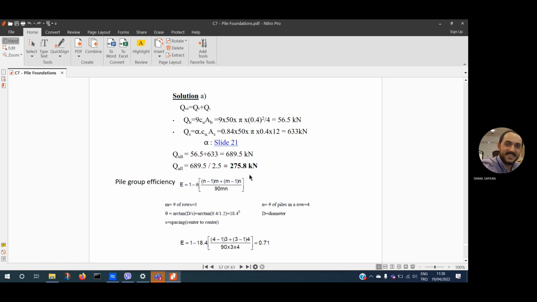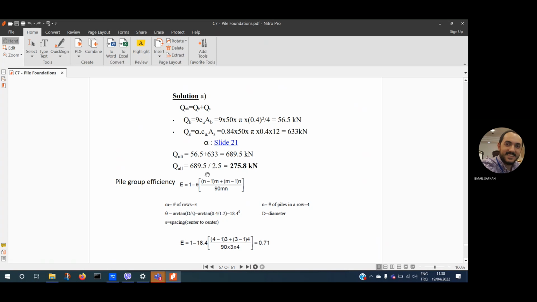Basically, this kind of formula should remind you of soil mechanics. Does it really matter which one is the number of rows or which one is piles in a row? Look, in terms of mathematical expression, it doesn't really matter which one is m and which one is n.